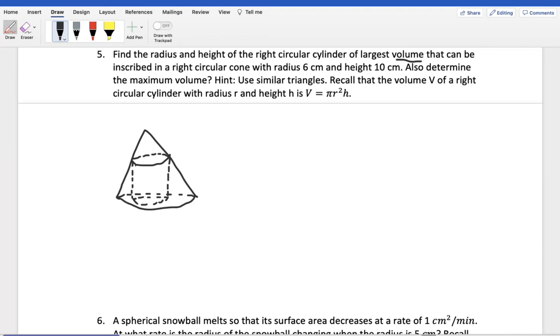Right, so if you could think of a cylinder there, maybe I should, okay, wait. Let me use a different color so it doesn't confuse with the rest.